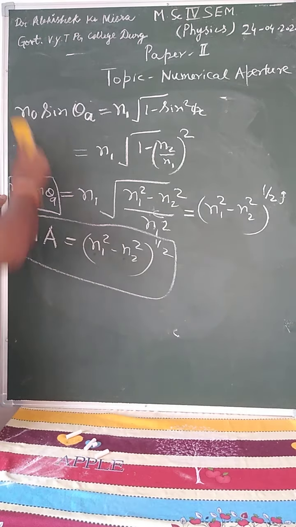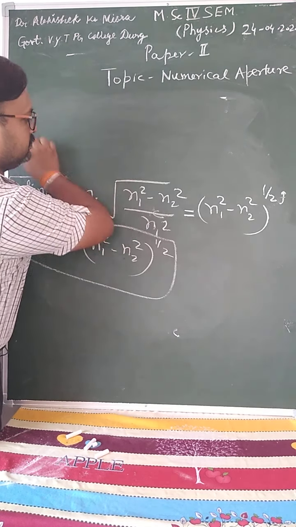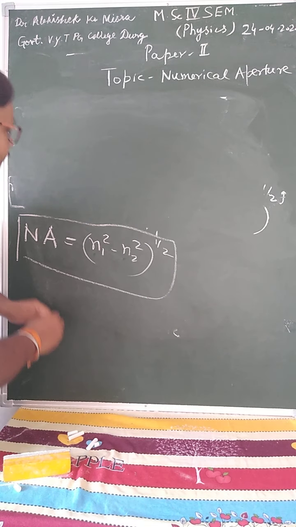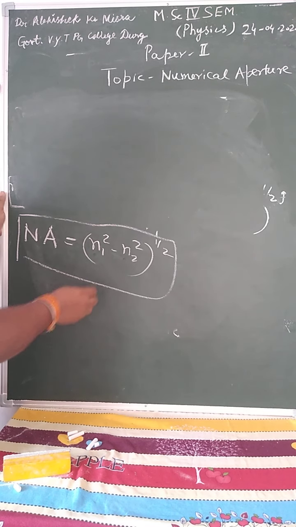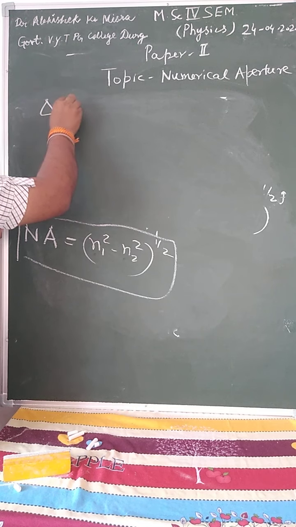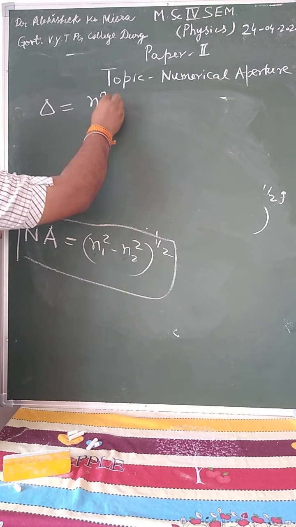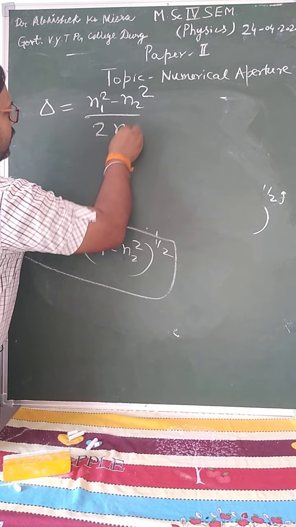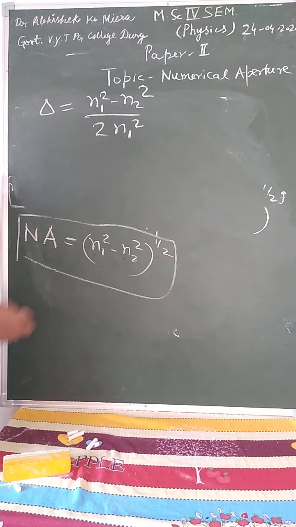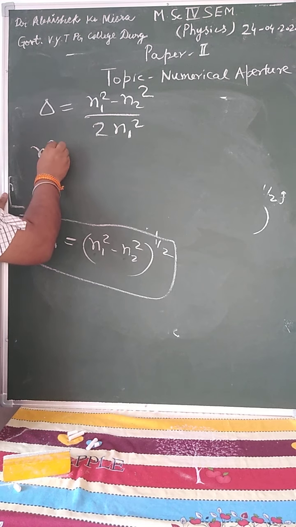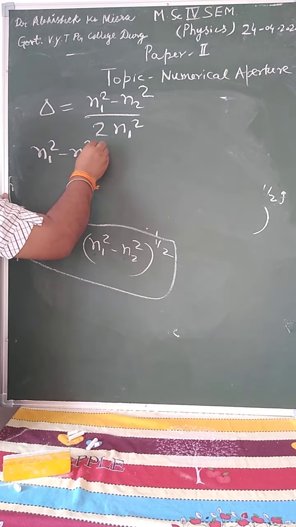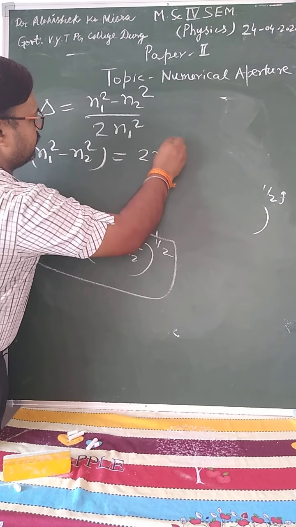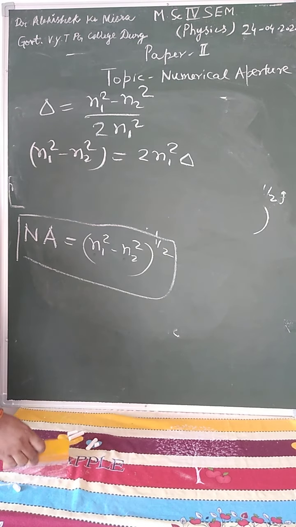If we define a relative refractive index difference delta equal to (N1 square minus N2 square) upon 2N1 square, then from this equation N1 square minus N2 square can be written as 2N1 square delta.